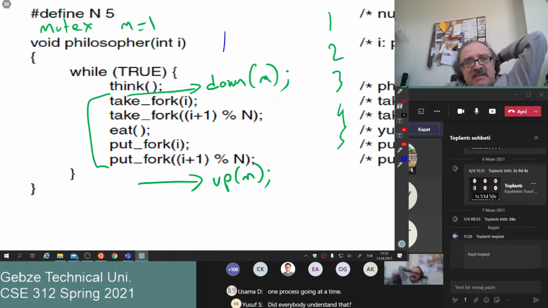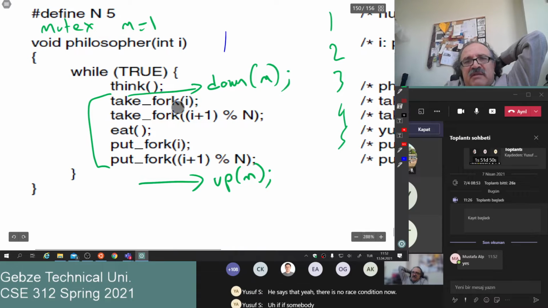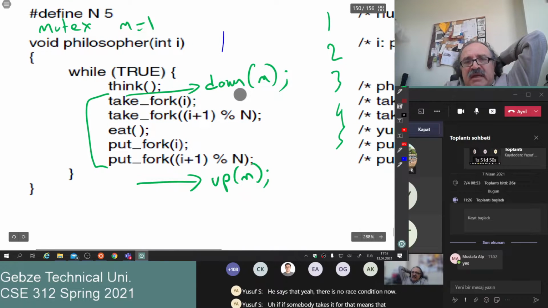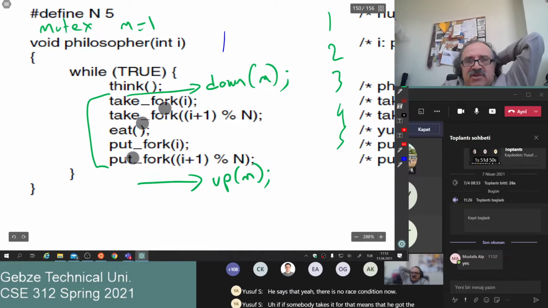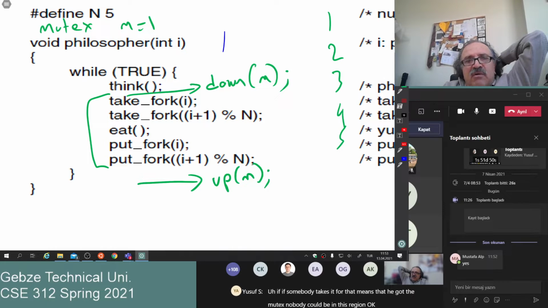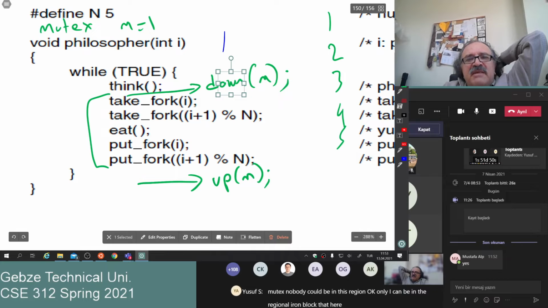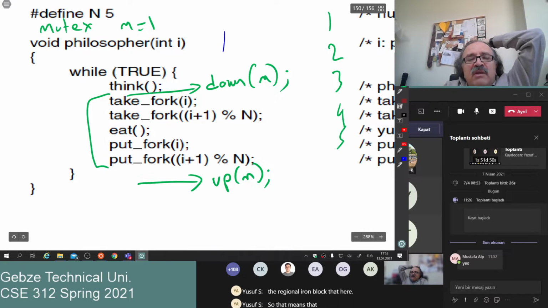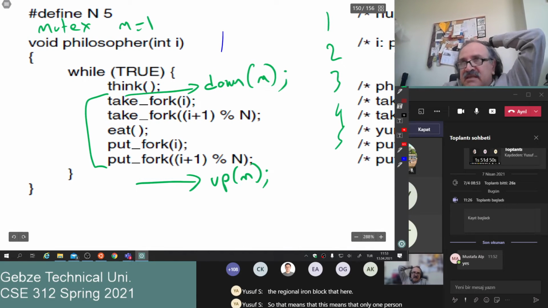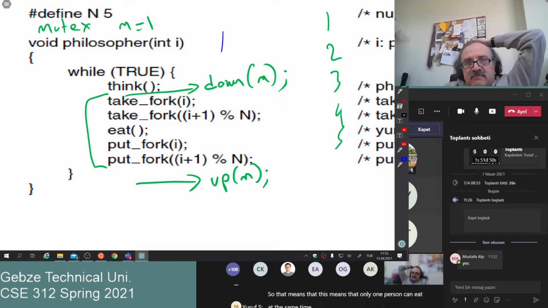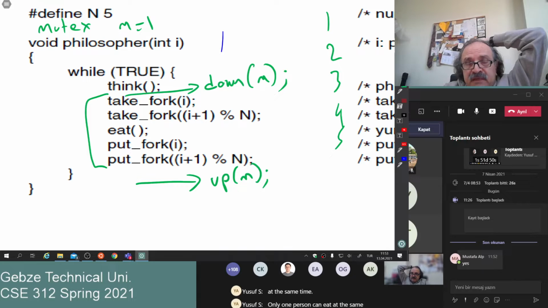He says that there is no race condition now. If somebody takes a fork, that means he got the mutex, and nobody else could be in this region. Only I can be in the region, or I am blocked here. So what does this mean? Only one person can eat at the same time, right?